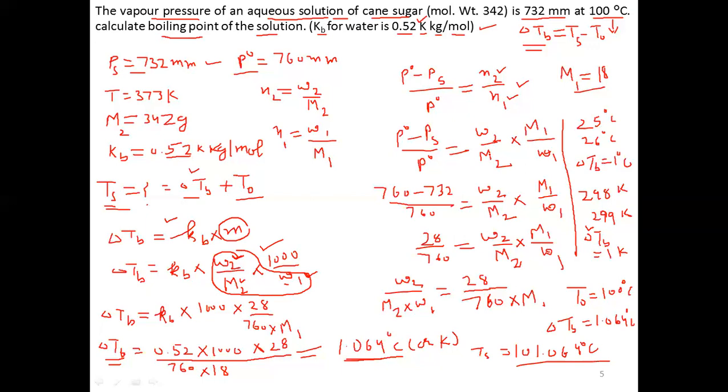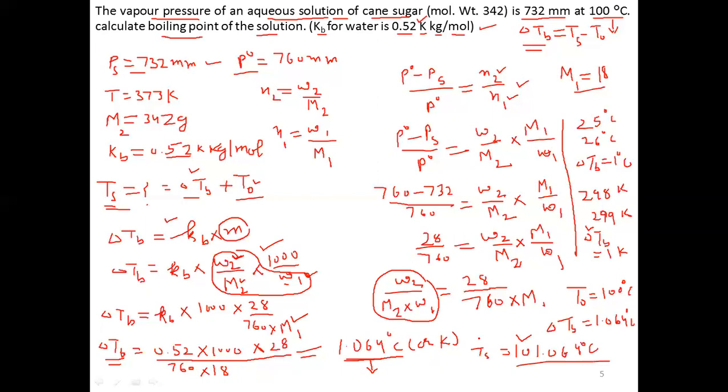P naught minus Ps by P naught is equal to W2 by M2 into M1 by W1. From here, we can calculate W2 divided by M2 into W1. Then put this value here, and putting the molecular weight of solvent as 18 since it is water, we calculated delta TB. Now if we know delta TB, we have the relation: boiling point of solution is equal to boiling point of pure solvent plus elevation in boiling point. So it comes out to be 101.064. So, an easy numerical.